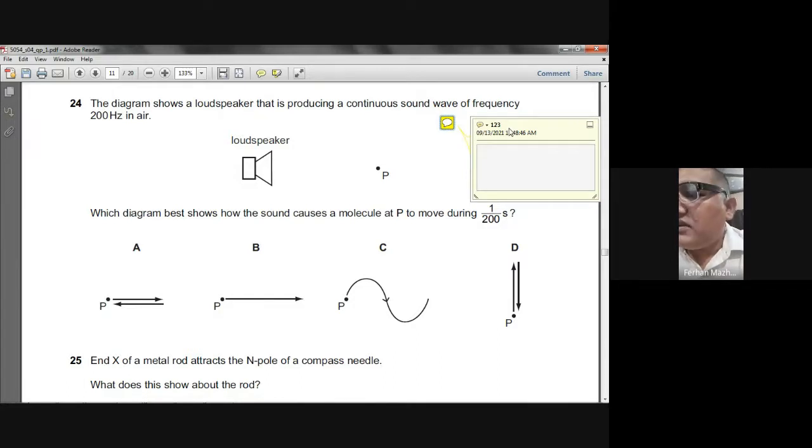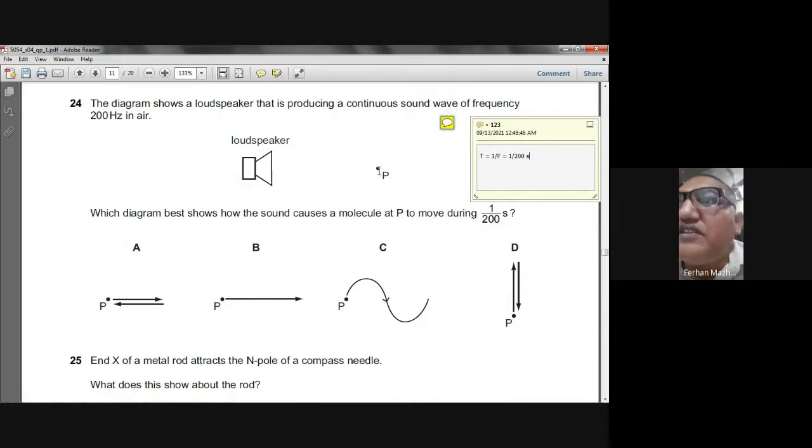The time period is equal to 1 divided by frequency. So it will be equal to 1 divided by 200 seconds. Okay, 1 divided by 200 seconds. So this is basically the time period.